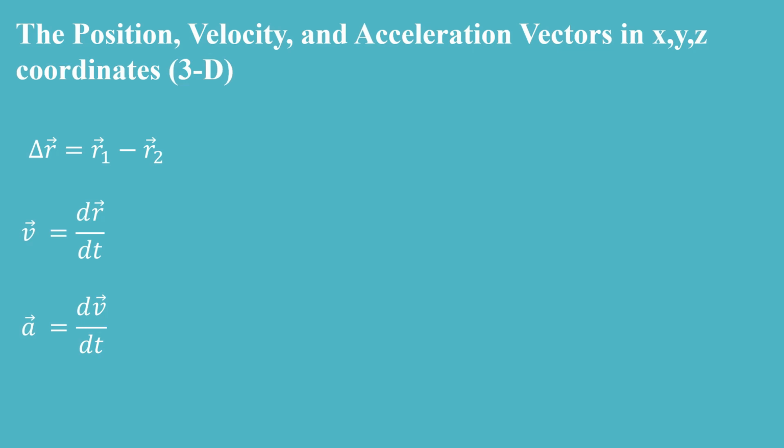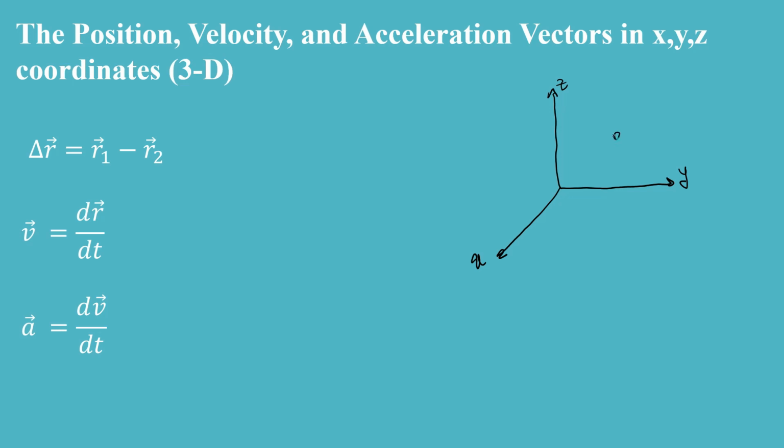Here, you still have displacement, velocity, and acceleration, but this time you need to write it down in 3 coordinates, like x, y, and z axis. So what I mean by that is you have a particle in 3 coordinates. Let's say this is x, y, and z, right?